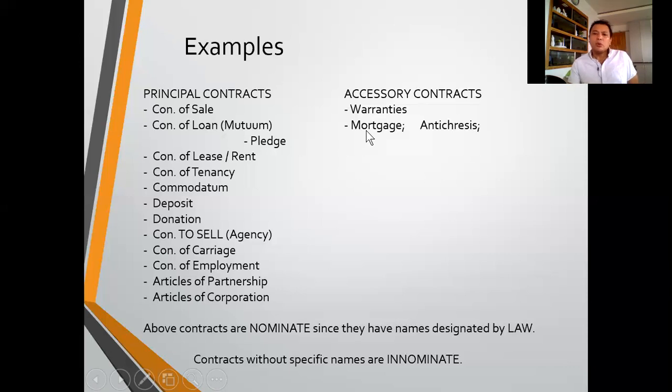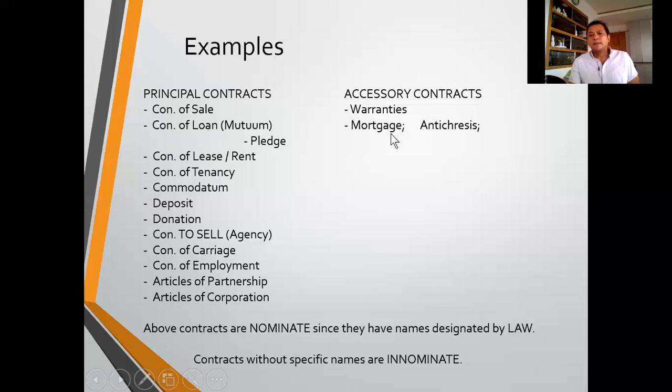So the bank would require you to submit a security like property. So in submitting the property, you are entering into a contract of mortgage. But the principal is you are applying for a loan.